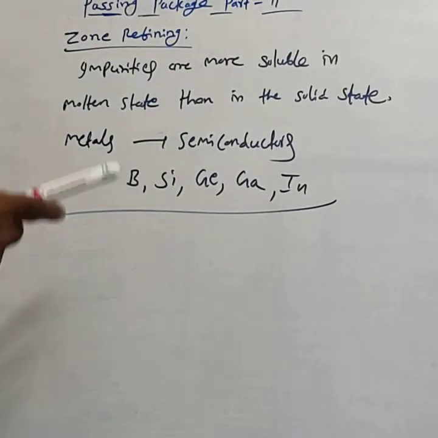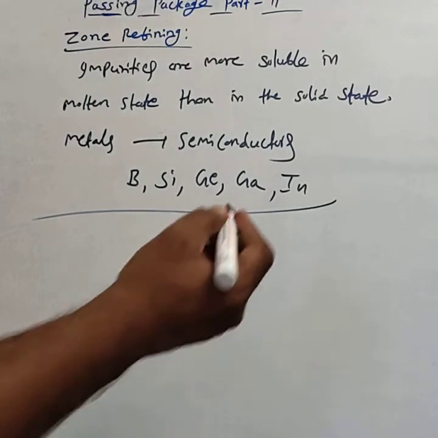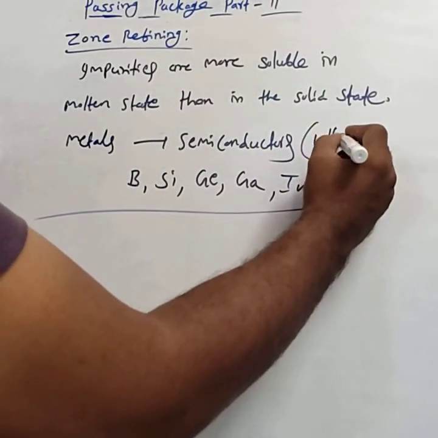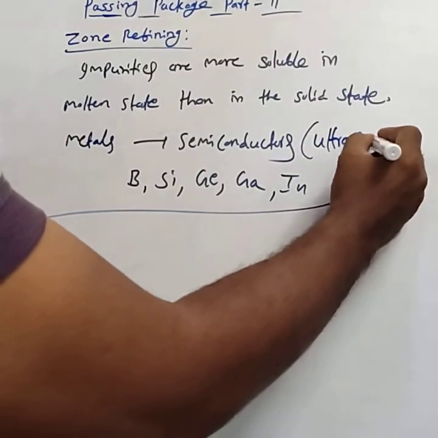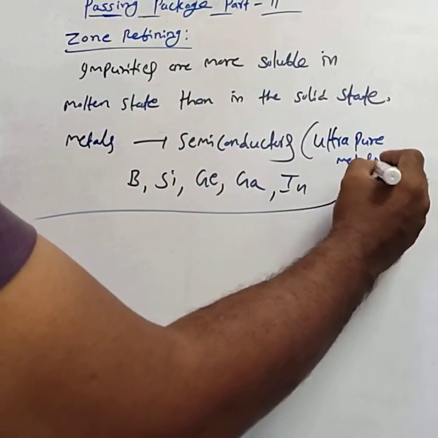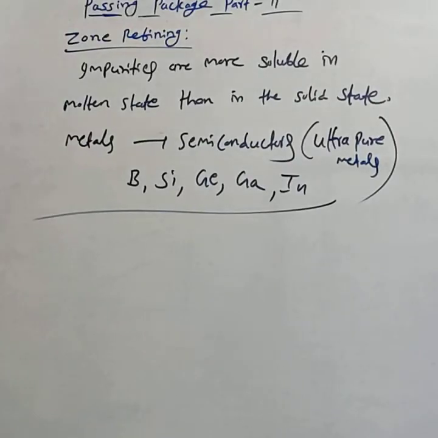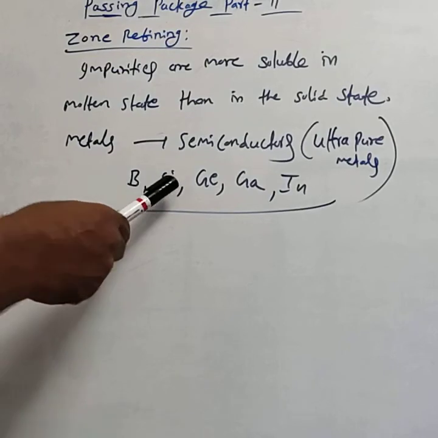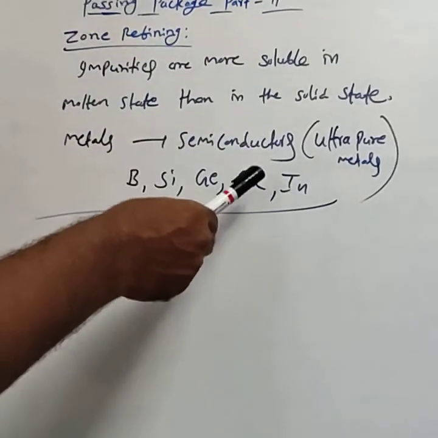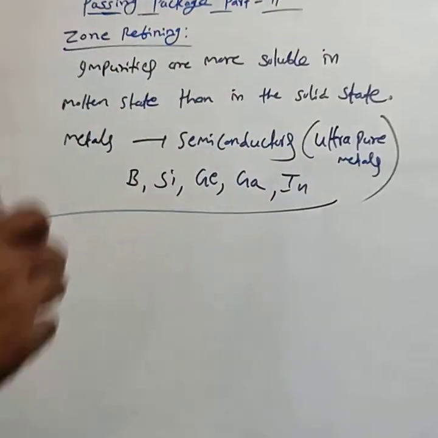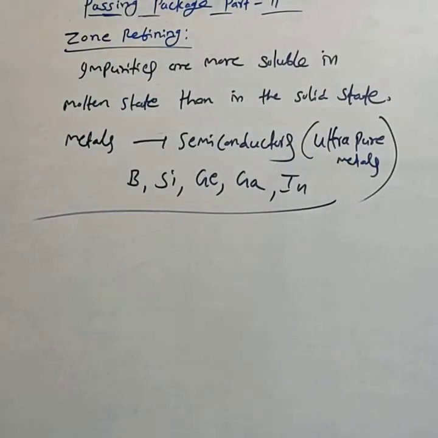They are the metals used in semiconductors, commonly ultra pure metals. Ultra pure metals used in semiconductors, namely boron, silicon, germanium, gallium, or indium, can be refined by using the zone refining process. This is about zone refining. Next class we consider other refining processes.